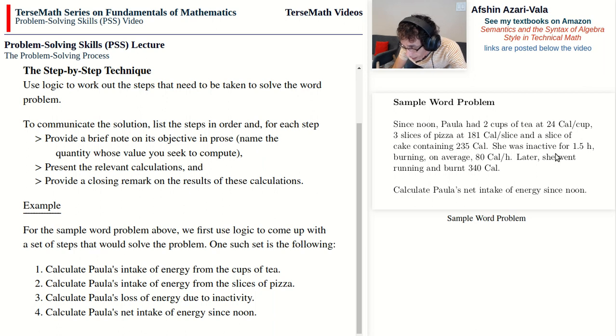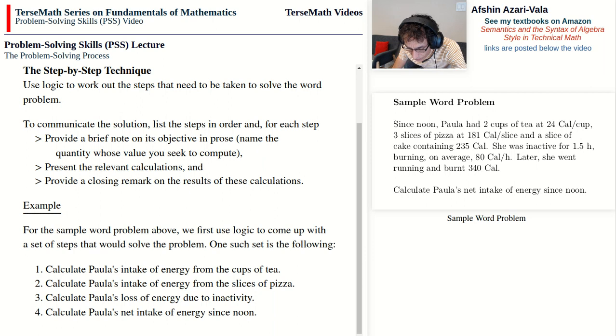And then we have that she was inactive for 1.5 hours, burning on average 80 calories per hour. Step 3 will be to multiply 1.5 and 80 so that we can find Paula's loss of energy due to inactivity. And once we've done all of that, then we can add and subtract. We add all the intakes and subtract all the losses to find Paula's net intake of energy since noon.